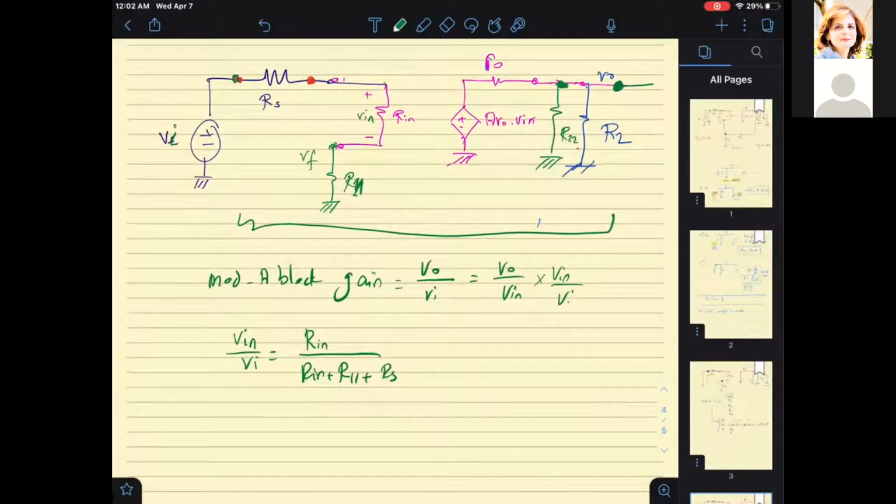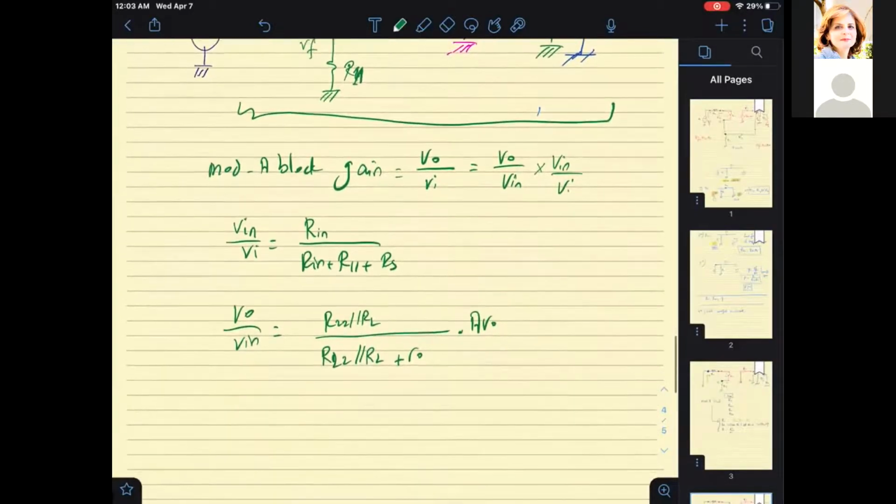Then Vo over Vn is equal to R22 parallel to RL over R22 parallel to RL plus little ro, times Avo. Vo is really the voltage division of Avo Vn. So from the product of those two numbers, I can find the overall modified A block gain.